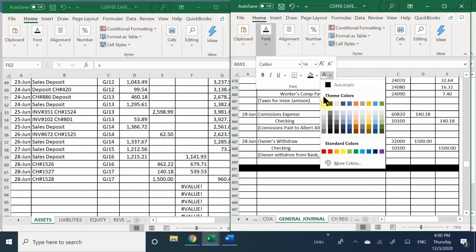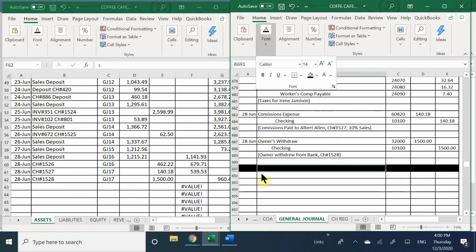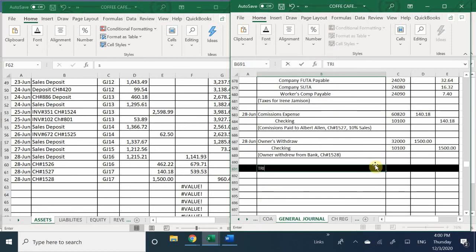Okay, so let me make sure I'm in white ink, and I'm going to go ahead and put trial balance. This is number 4, right? Yes, week 4.